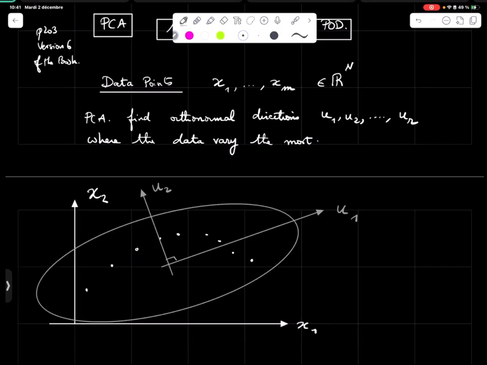And you can normalize, obviously, by dividing by the norm of u1 and u2. And it's going to give you an idea of what this data cloud is. So u1 and u2 are the directions of maximum variance. That's where the data varies more. That's it. So you can use that for many things.